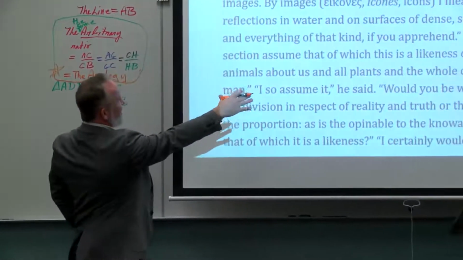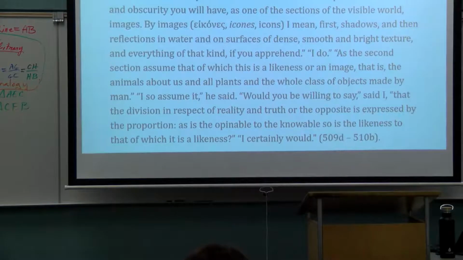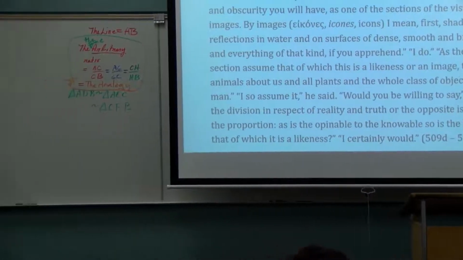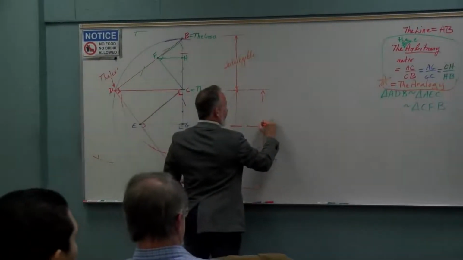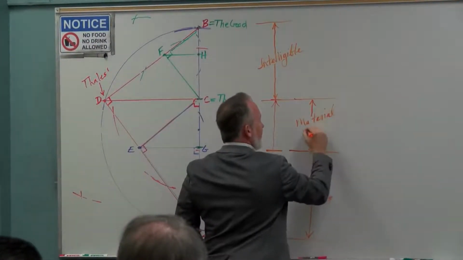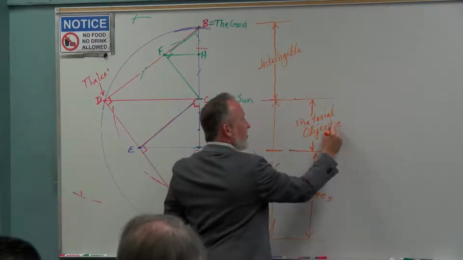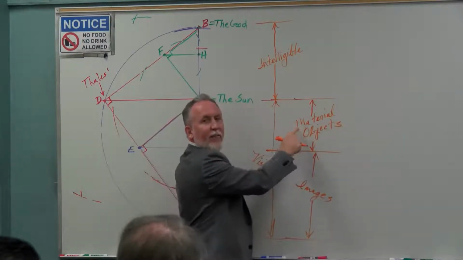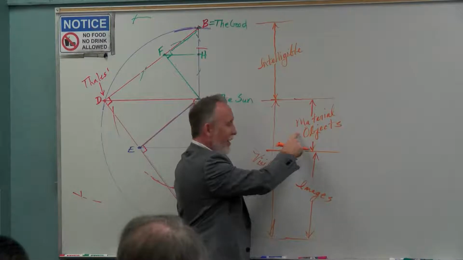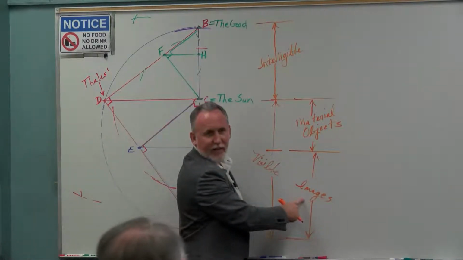And as the second section, we're going to assume that of which this is a likeness or image. So here we're going to have the material objects. So we have the trees and the mountains, and then we have their images reflected on the surface of the lake.